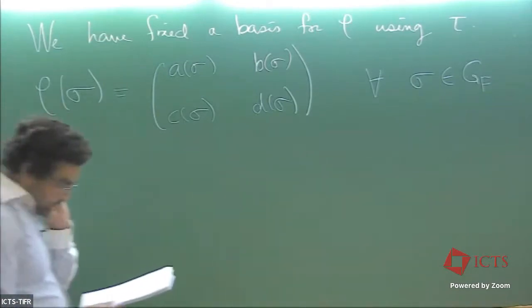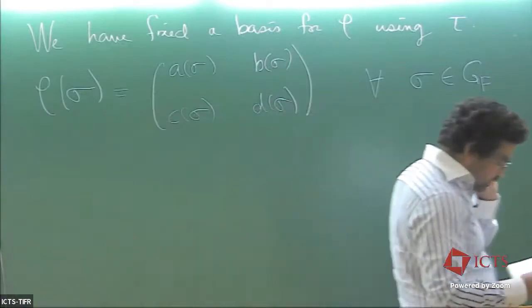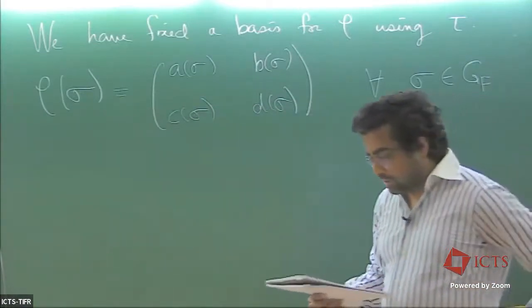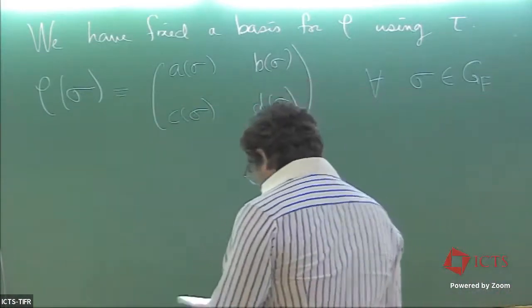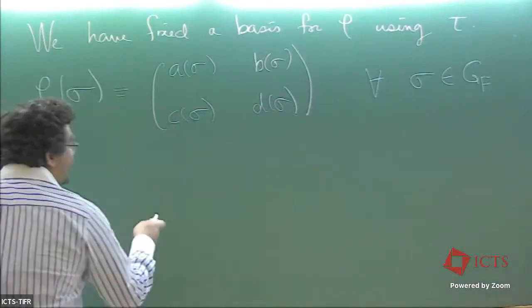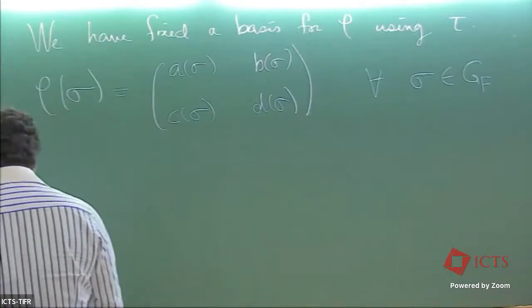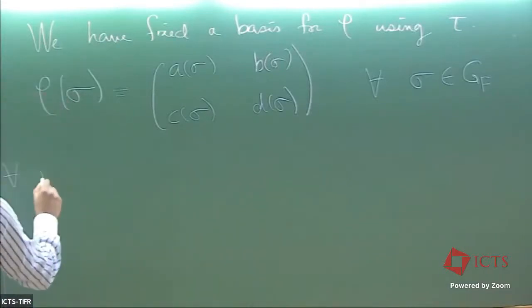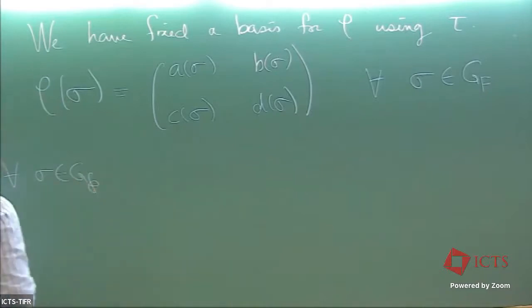So before going on to get our cohomology class, let me write something down here, which I hope I'll keep here and not erase by mistake. So what happens when your sigma is in G_P? Your representation is equivalent to something upper triangular, right?